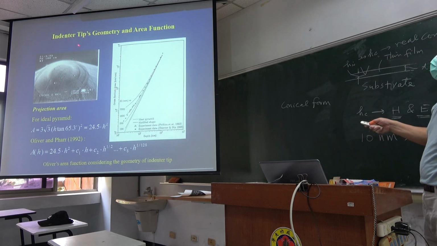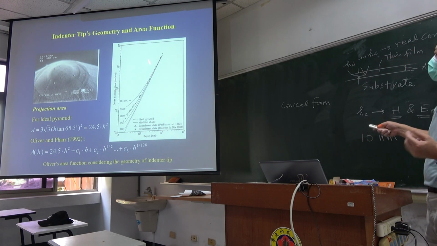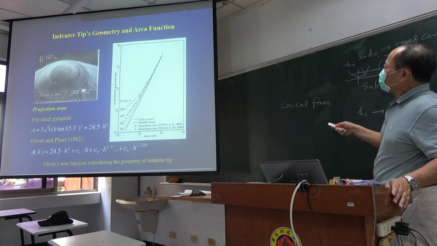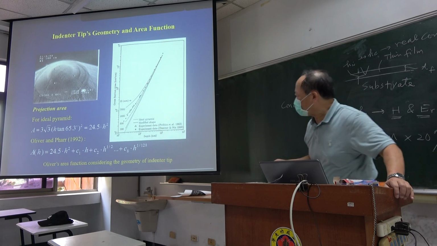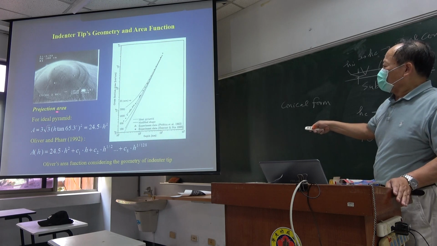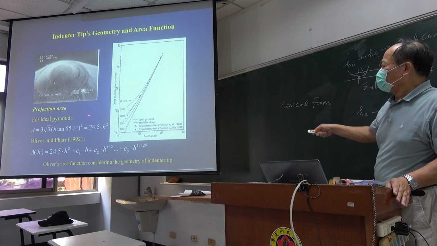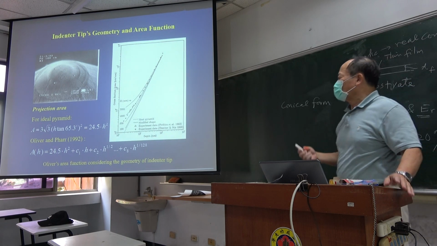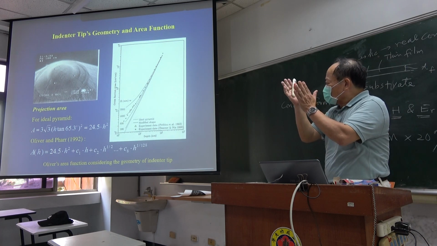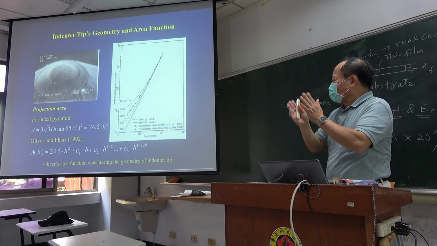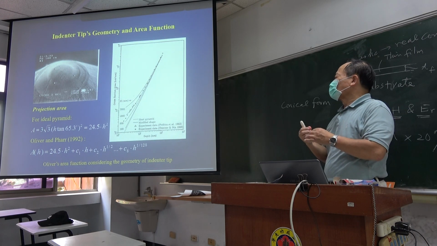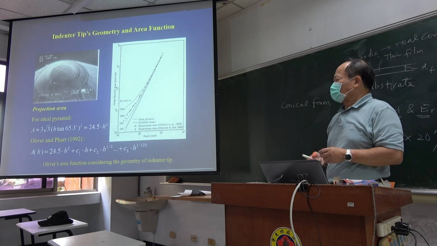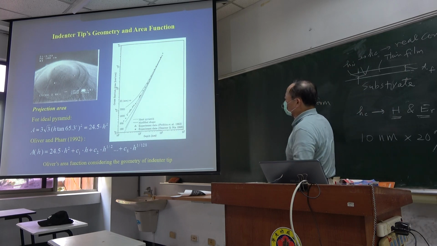This is the fifth factor, we call the indenter tip geometry and the area function. For the ideal pyramid, it means that your tip is just the pyramid, 就是我们讲的这个金字塔形, or conical form.